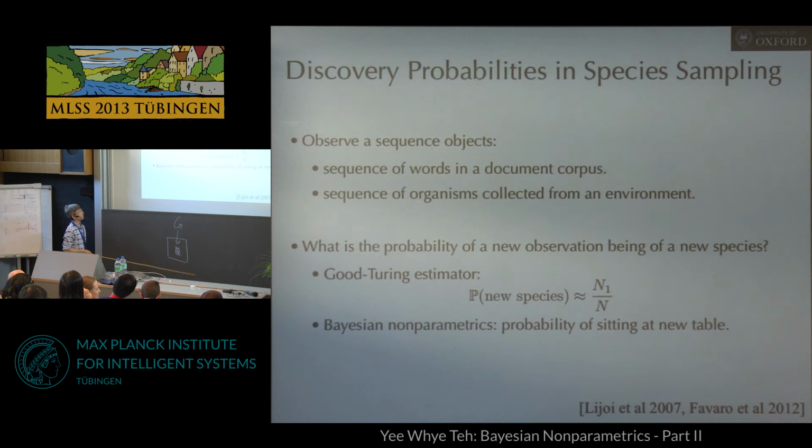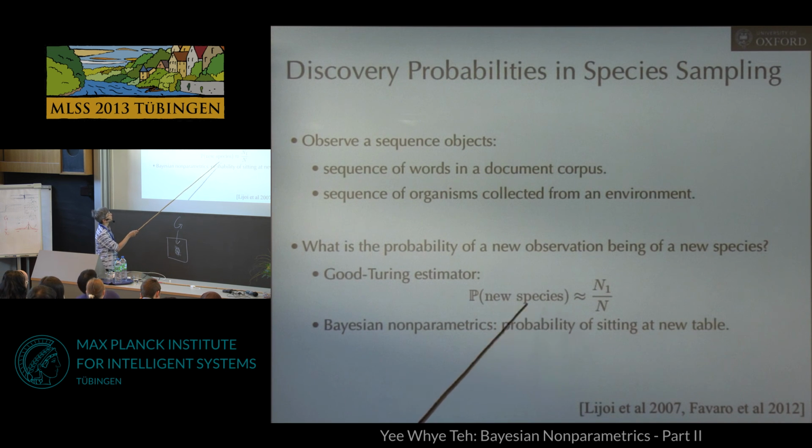Using Bayesian nonparametrics, you can also get this sort of estimate of the probability of new species. Basically, it's the probability of a new customer coming in and sitting at a new table. There have been some studies which try to compare the two, and it works pretty well. A lot of these Good-Turing estimators you can't generalize to more complex situations that people care about.